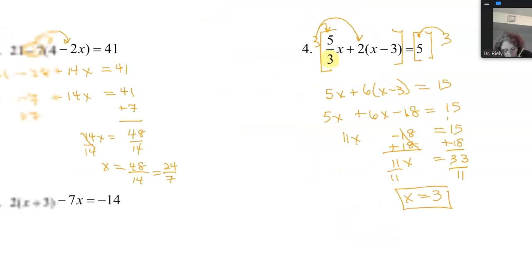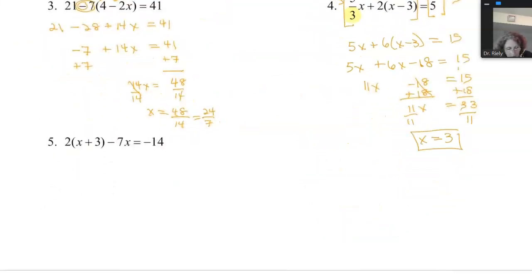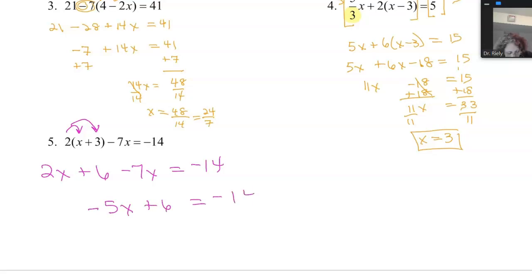And we have one more to go, and that's over here. So again, I have a little distribution here and here. So do that piece first. 2x plus 6 minus 7x equals a negative 14. Okay, combine like terms. So what is like terms? The 2x and the negative 7x will give me a negative 5x plus the 6 I have equals negative 14.